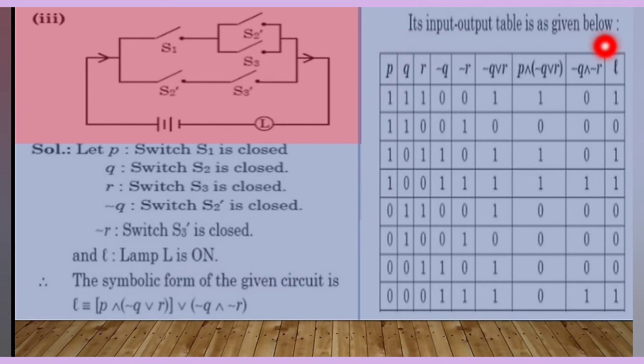Here its input output table is given below. 3 statements means 8 rows.